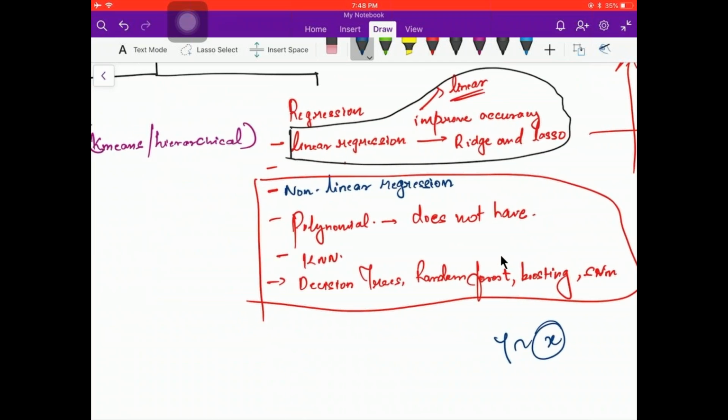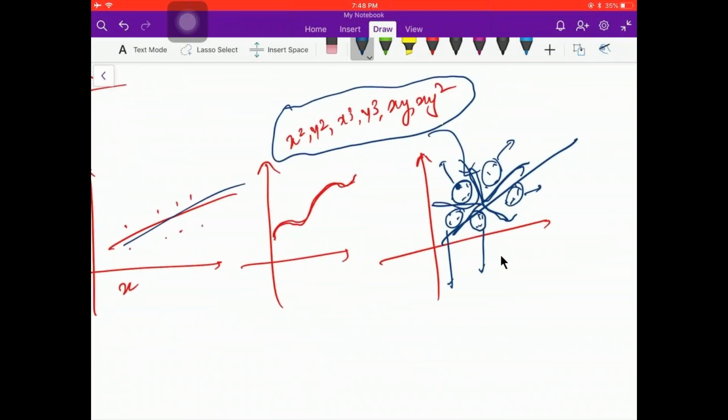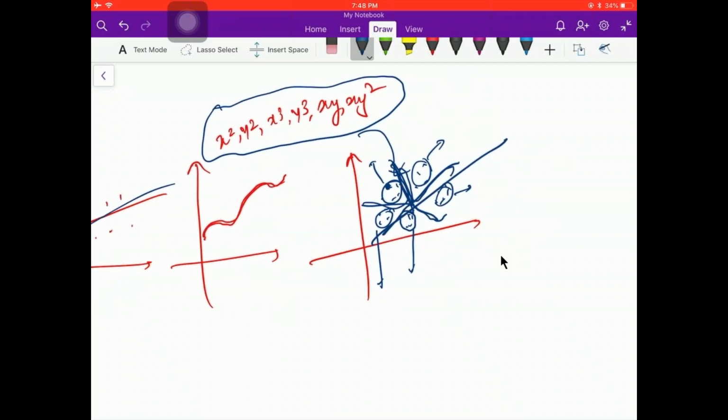So what you mean is because the boundary lines are not linear, it falls into non-linear? Not exactly. Boundary lines here are linear actually, but consider the whole thing. Let's say this is y and this is x. Can you say y is some ax plus b? No, right?